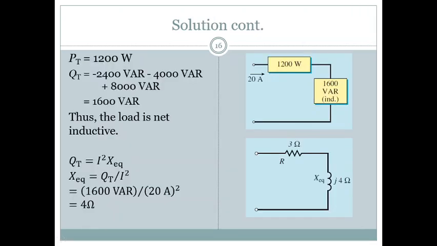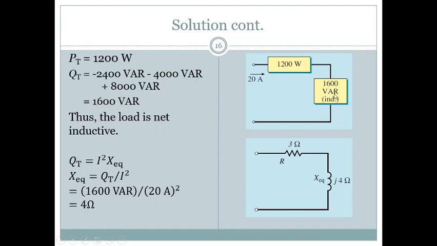And as I said earlier, you can simply model it as a series circuit of 1200 watts, because we got PT as 1200 watts and QT as 1600 VAR inductive. So you can model it as something that consumes 1200 watts, and something that consumes 1600 VAR.